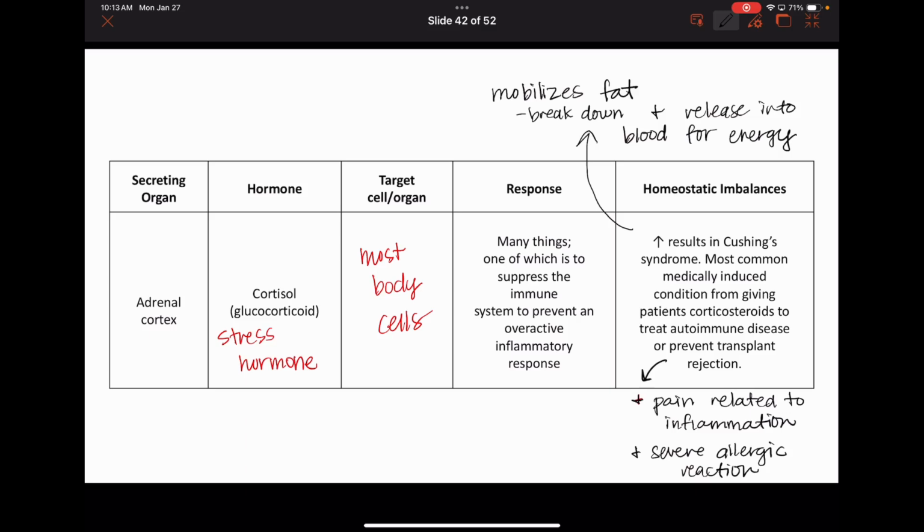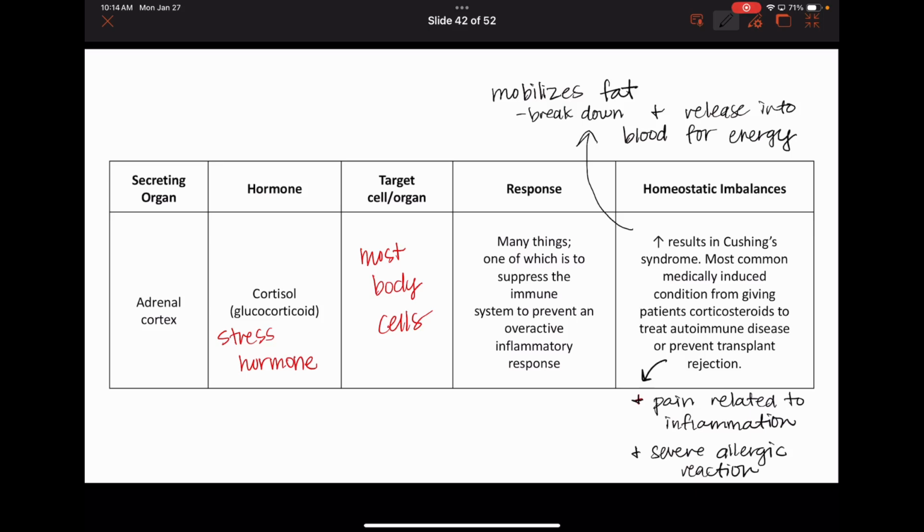Now, one thing about your body is your body does not know the difference between different types of stress, okay? So your body does not know the difference between stress from starvation, or let's say you haven't had a meal in a few days, or you don't know where you're going to be sleeping for that night. That kind of stress, okay, life-threatening stress, your body cannot decipher that between I have a big exam coming up this morning and I'm really, really freaking out about it.